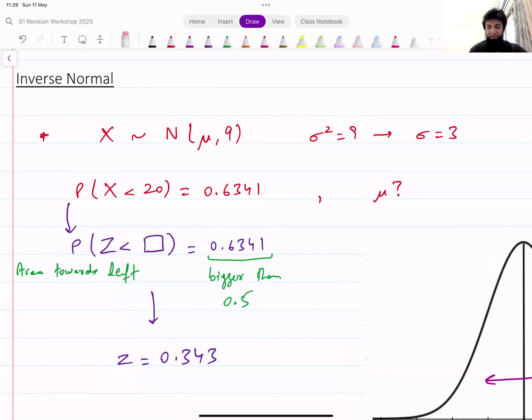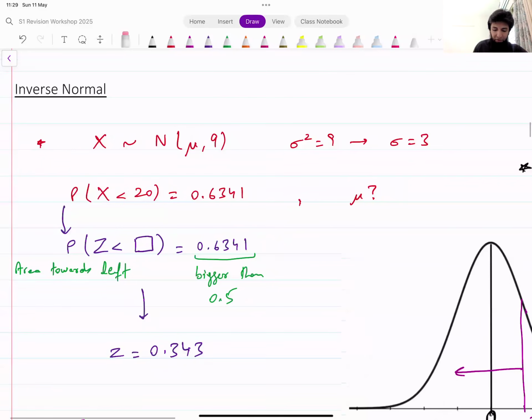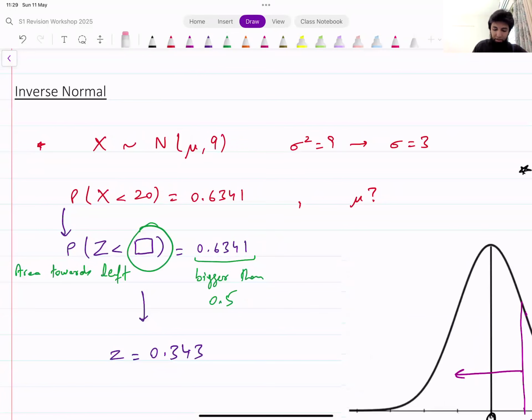Now, is 0.6341 a small area or a big area? Remember, the total area is 1. So with respect to 1, half of 1 is 0.5, right? So 0.6341 is more than half. It's bigger than 0.5. So we want the area to the left of the z value to be a big value.